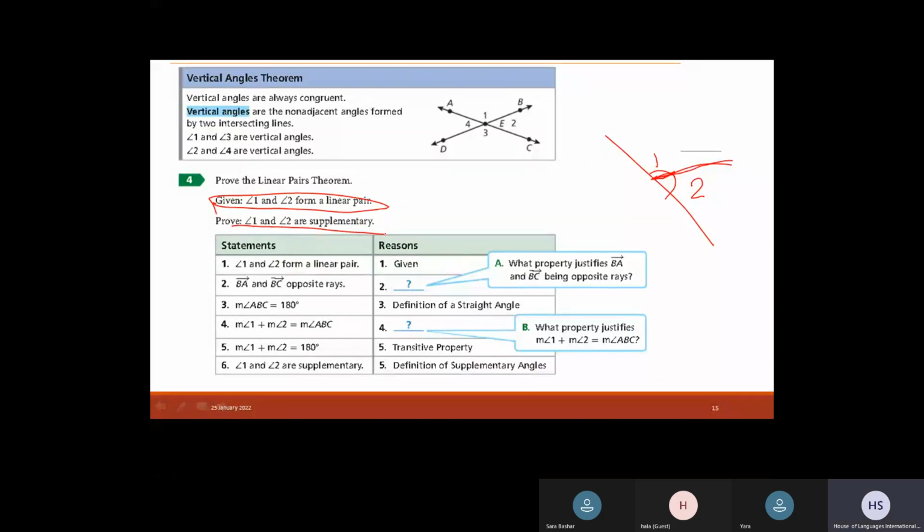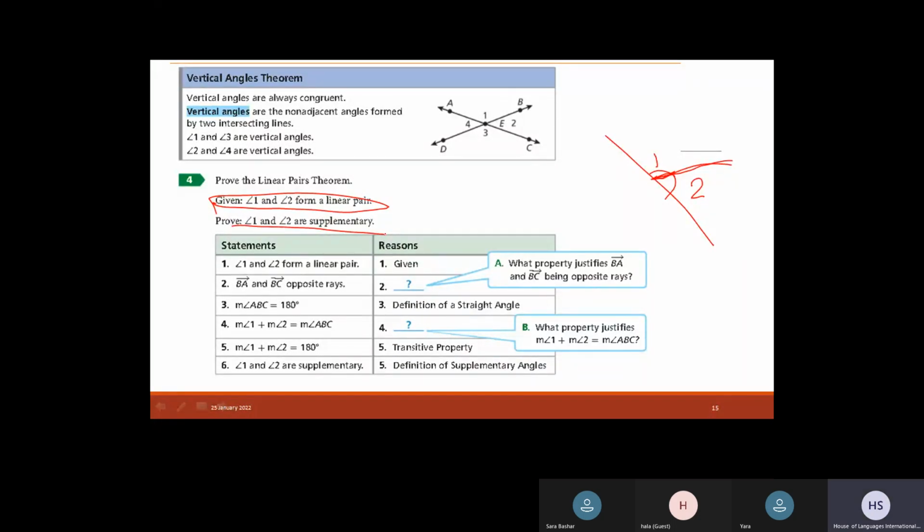They have vertical, they are opposite rays, they are a vertical linear pair.